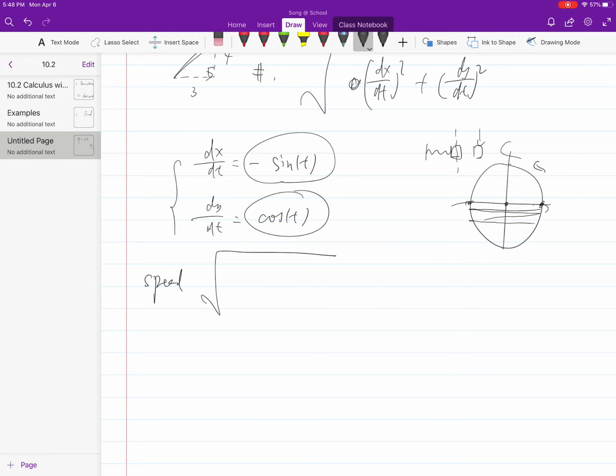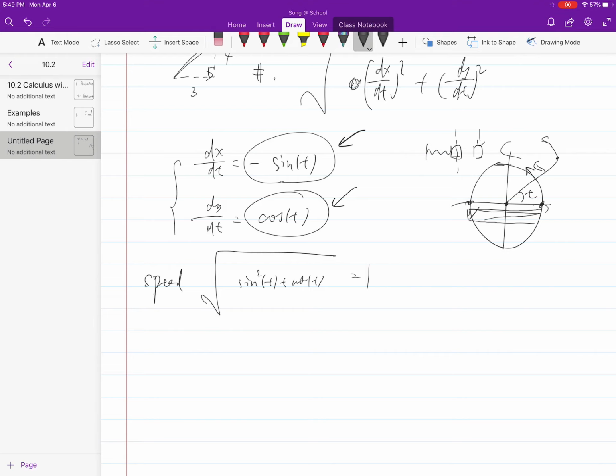Oscillation. So it's fastest here, it's slowest here. But now if you think about the speed, which is nothing but the square root of this one squared plus this one squared, by the formula that gives you sine square t plus cosine square t equals 1. That means even though your horizontal velocity is changing with respect to time, and your vertical velocity is changing with respect to time, the total velocity, which is pointing this way at any moment, tangent to what's going on here, is a constant speed, as your angle is changing with a constant speed, which is your t.